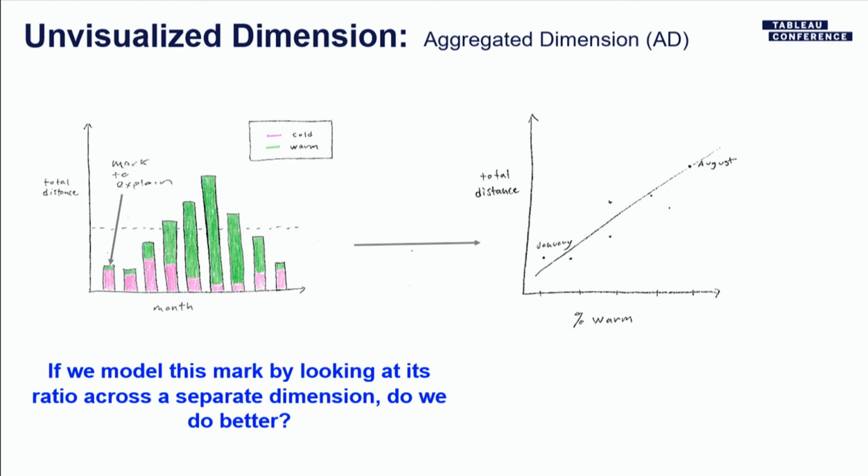And so we can plot each mark here and run a regression to give us a prediction of what we expect the distance to be if we know the ratio of these subtypes. And if our prediction is less surprising than our original mark, then we consider this a candidate explanation.